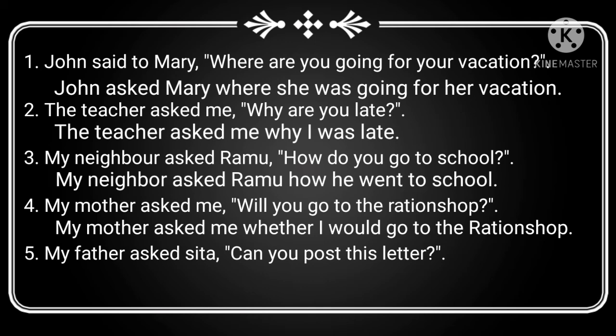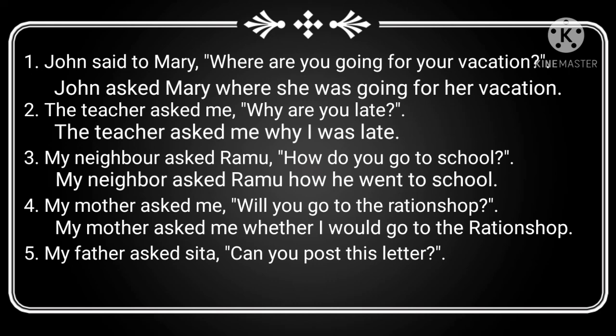Okay children, now consider the fifth one. My father asked Sita, "Can you post this letter?" Here asked is already given. No need to disturb it. Here can is a yes or no type question. What is the conjunction word used here? Yes, good. The conjunction word is whether or if. Let's use whether here.